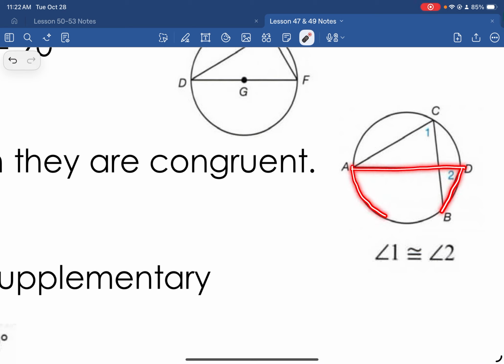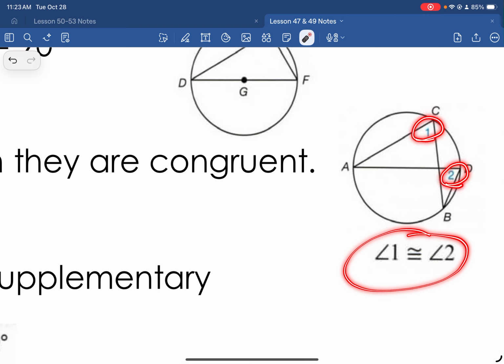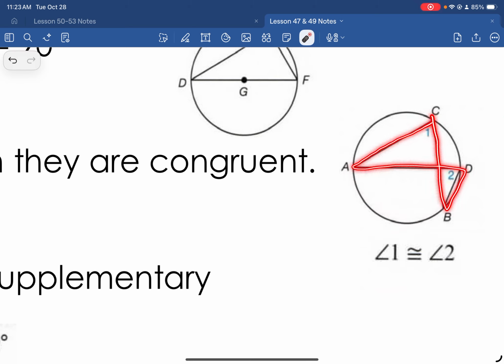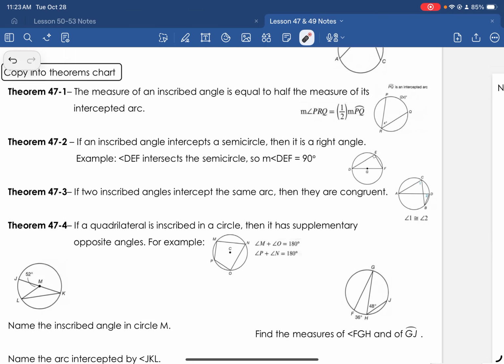It also has the same arc of AB. So when that happens, you know that angle 1 is congruent to angle 2 because they have the exact same arc. All right, and it'll always look like this bow shape. So when you see the bow shape, know that these two angles are congruent.